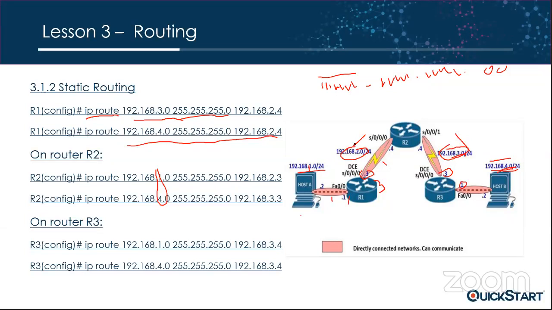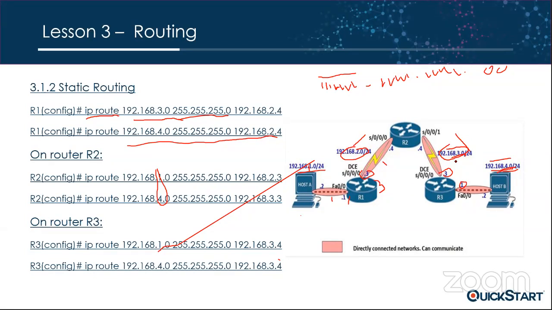So we need to define this network, 1.0, sorry, 1.0, and we need to define 4.0 as well, right? So the next hop would be 3.4. This is the router 3 configuration. So that's all for static routing. This is how it works when you statically define the routing in the router.